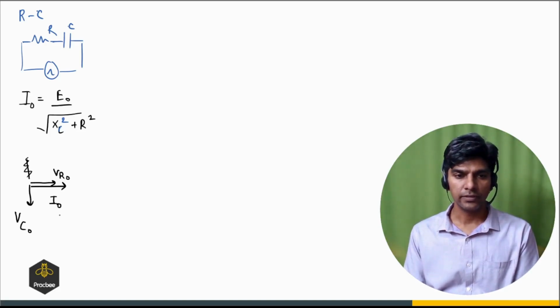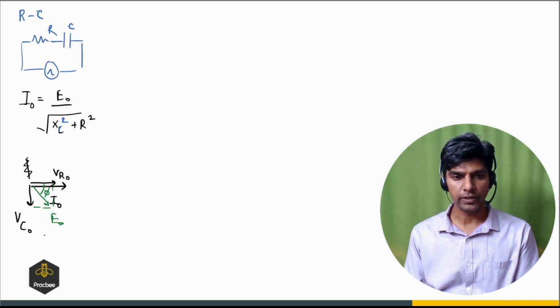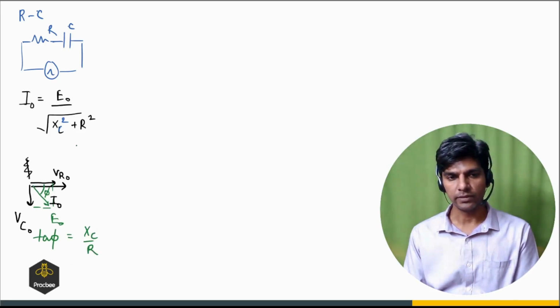And if I take the resultant of VC naught and VR naught, we'll get the E naught. So that will be E naught, and this will be the phase difference between the voltage and the current supplied by the AC source. So here tan phi comes out to be XC by R, and the peak current we have just seen, right?